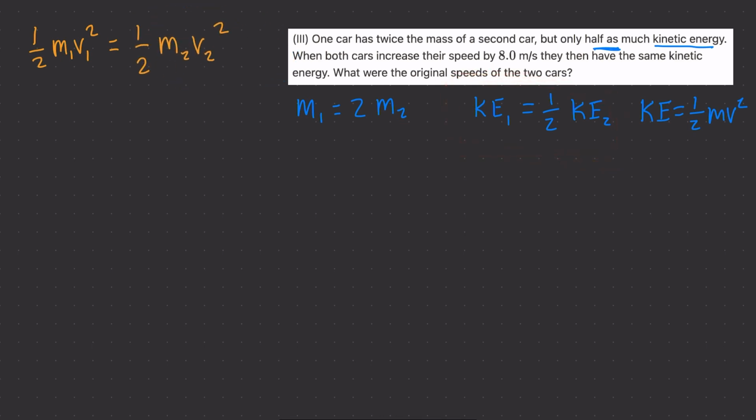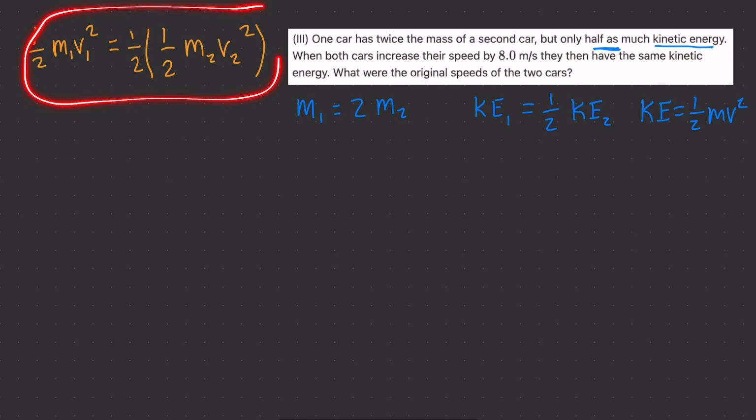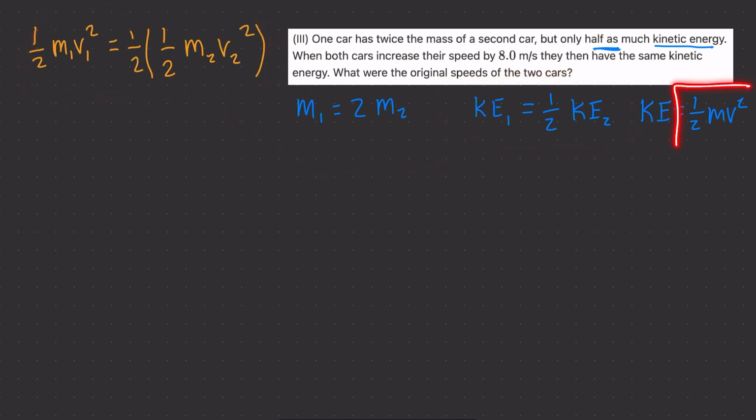So it's going to be an extra 1/2 in there, 1/2 times the kinetic energy of 2. Now this expression in orange is the same as the expression in blue, just with our expression for kinetic energy plugged in. Now, I'm also going to use this relationship, and I'm going to plug 2m2 in for m1.